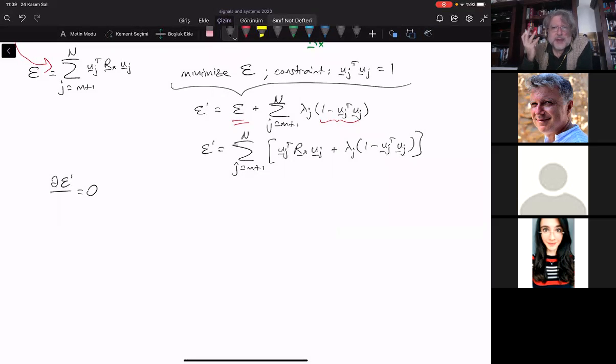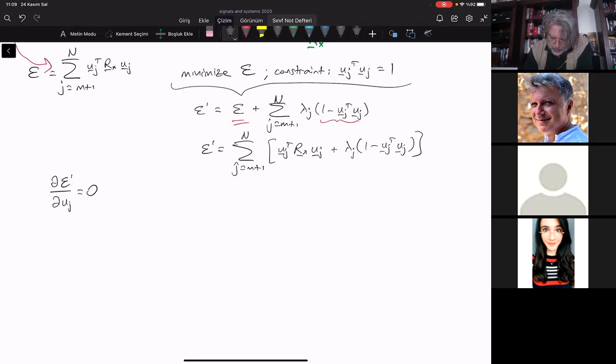What is the thing that we are optimizing here? We shouldn't forget that. Sometimes we do a lot of algebra, so we forget what we are doing. We are trying to optimize uj, the basis coefficients. We are trying to construct our transform, our basis.